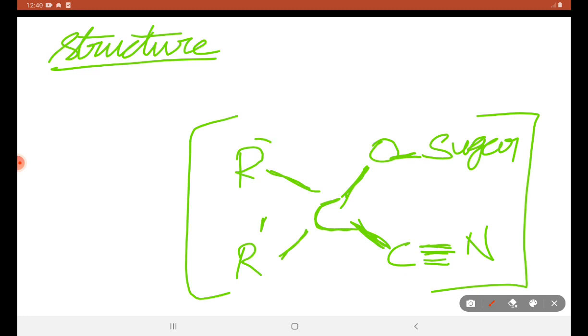R represents alkyl or aryl groups. This is the example of cyanogenic glycosides.